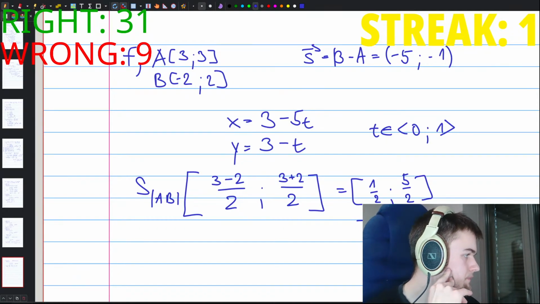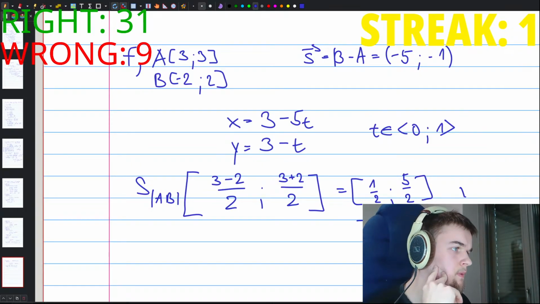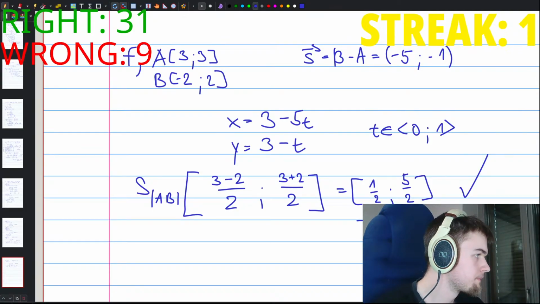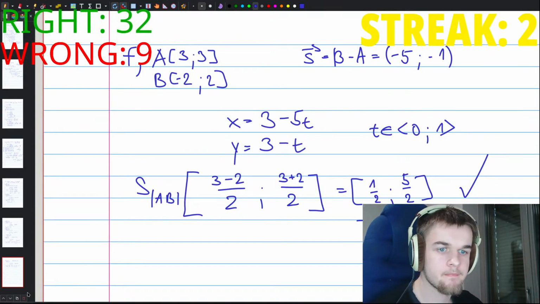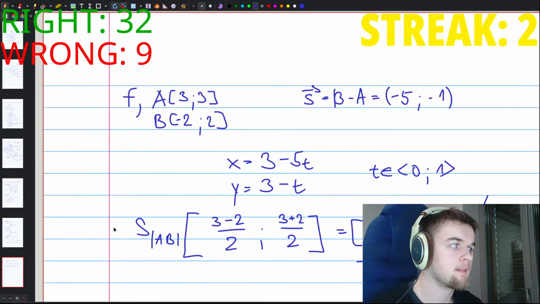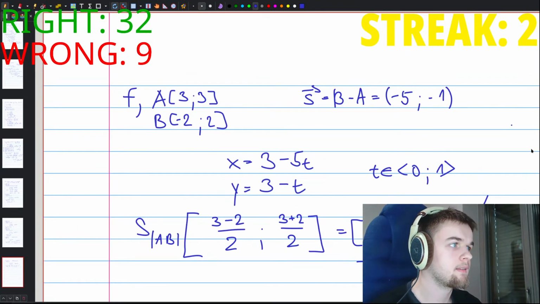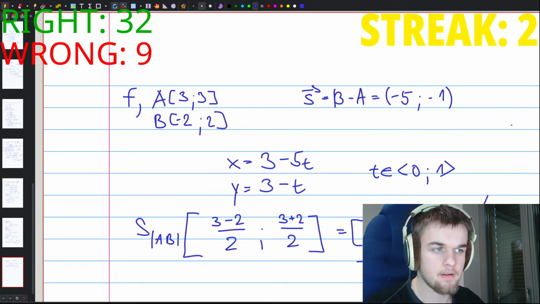Is that correct? Minus 5, 3 minus 3. It is. Bam. Okay, so that, oh my, what have I done? That is it for analytic geometry in 2D.